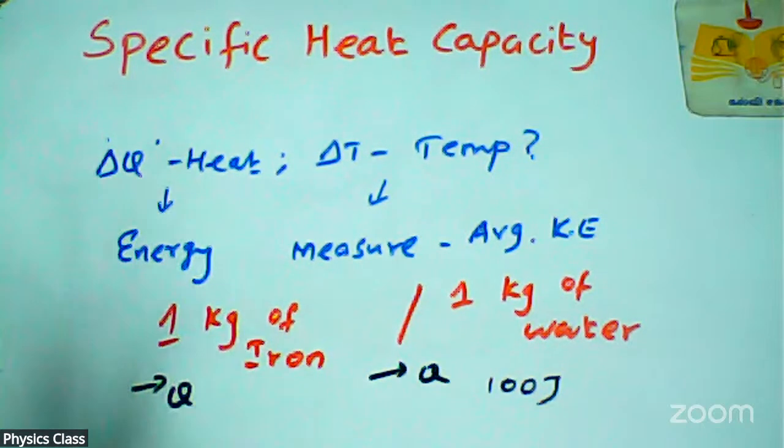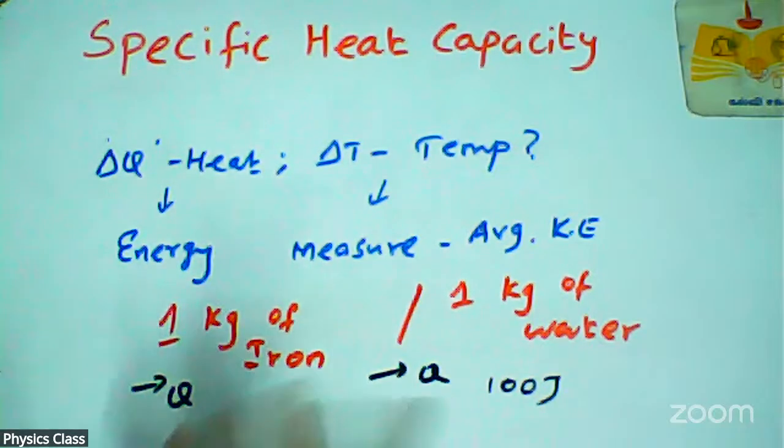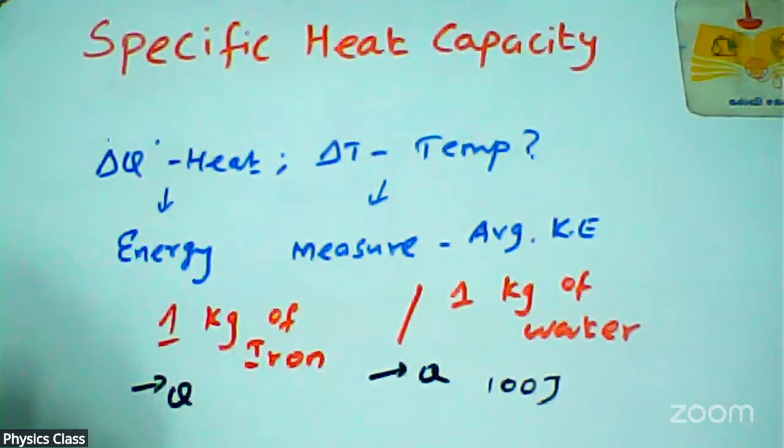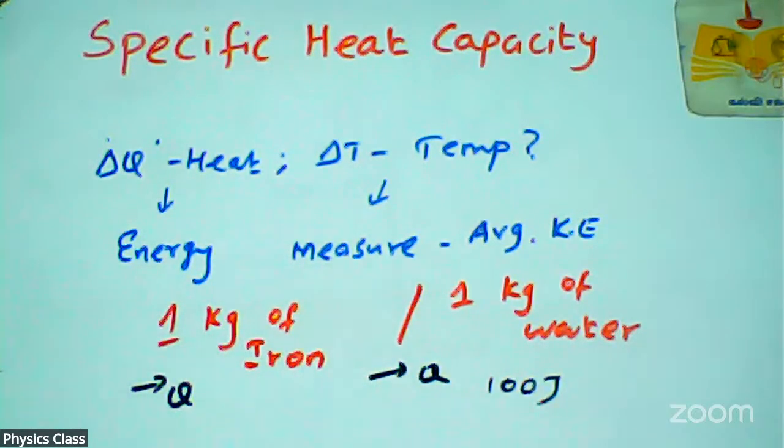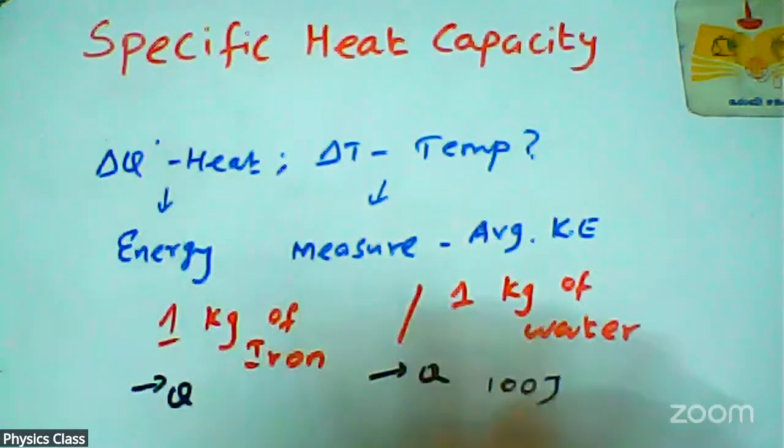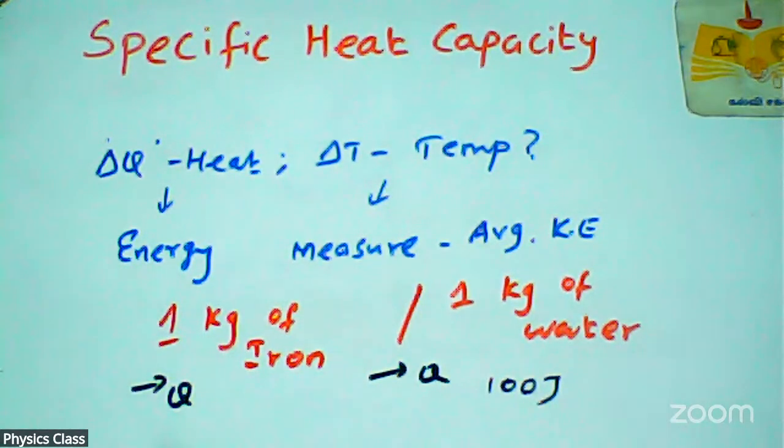Which one do you think will heat up faster, meaning show a larger increase in temperature? And why? The iron will heat up much faster, because different materials react differently to the same amount of heat.